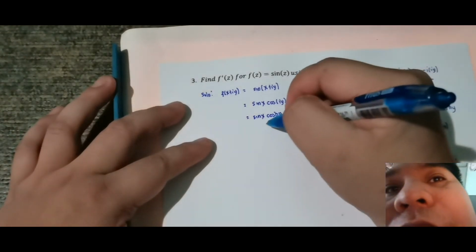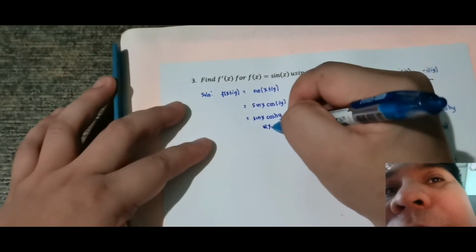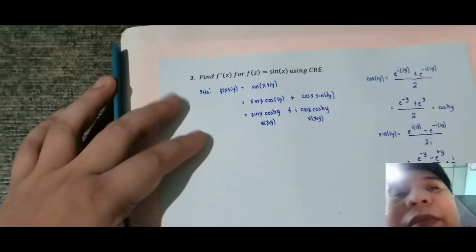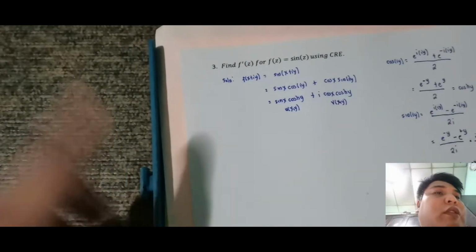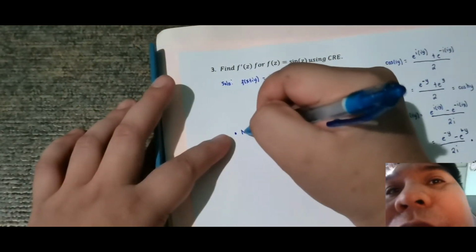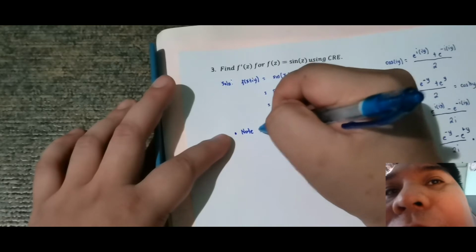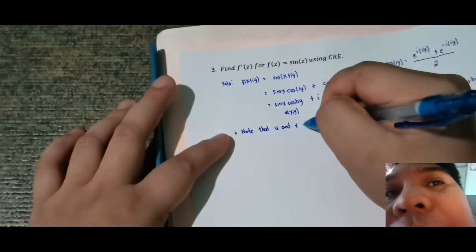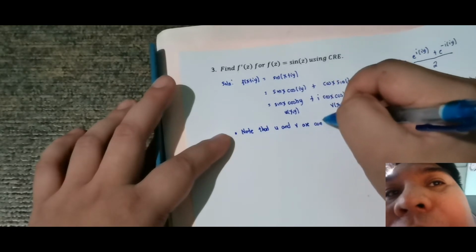This is the u of x, y and this is the v of x, y. Note that these are all continuous for any values of x; u and v are continuous.